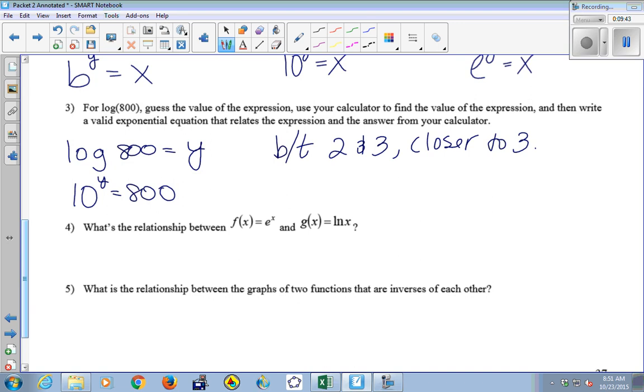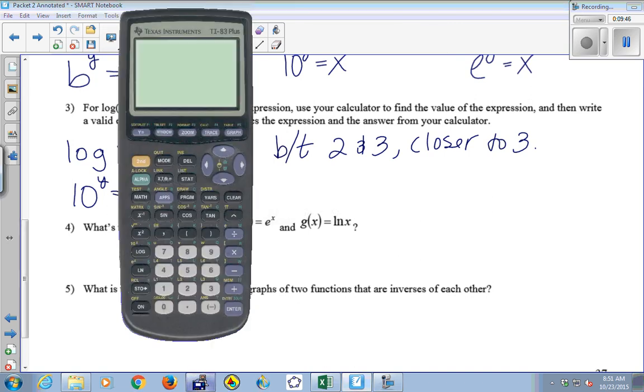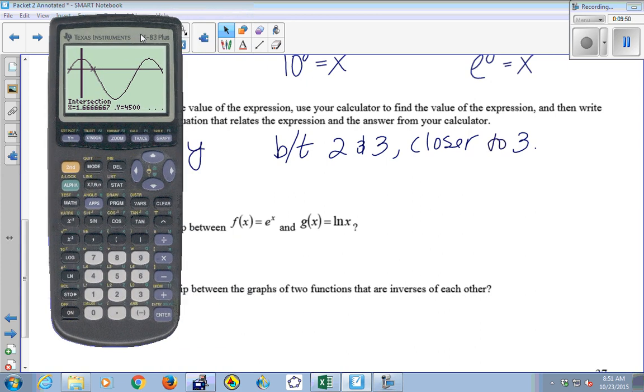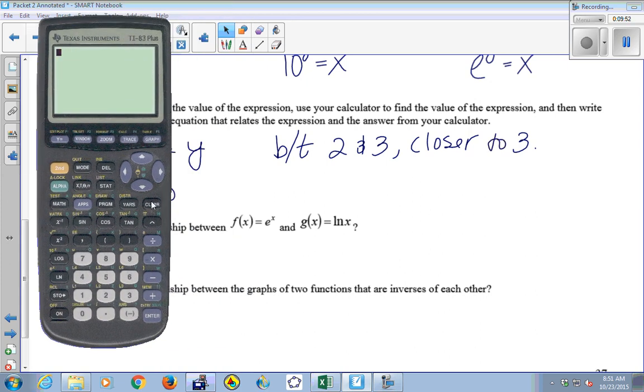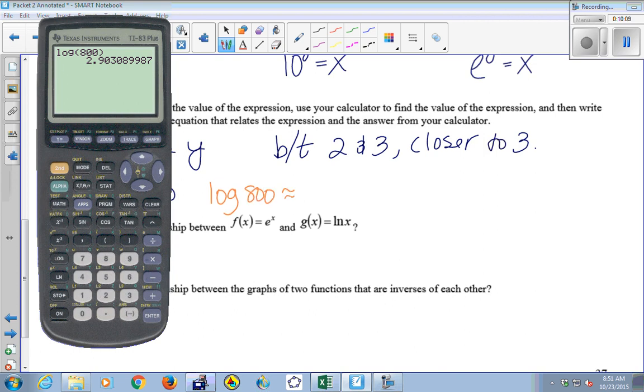All right, so then I'm going to use my calculator just to verify. Okay, so you've got a log button, so I'm just going to hit log 800, and I get about 2.9. Log of 800 is approximately 2.9.